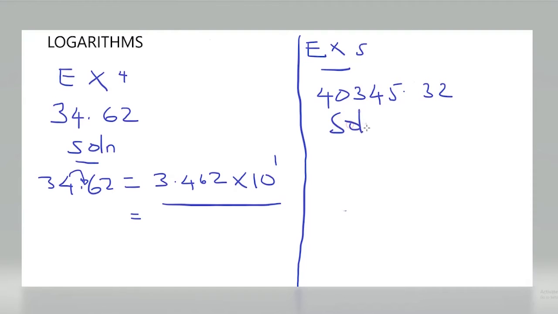Now solution. 40345.32 will be equal to, the first digit is 4, then the dot, the second digit 0, then 0 3 4 5, meaning I'm moving all these numbers to the other side of the dot sign.